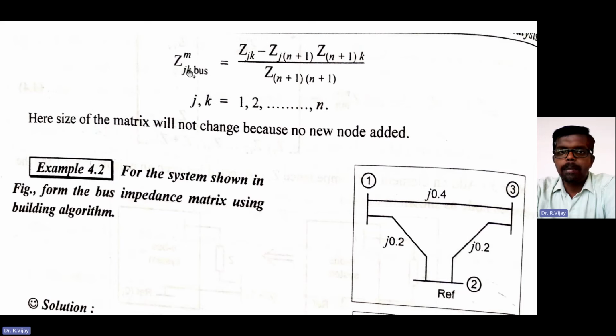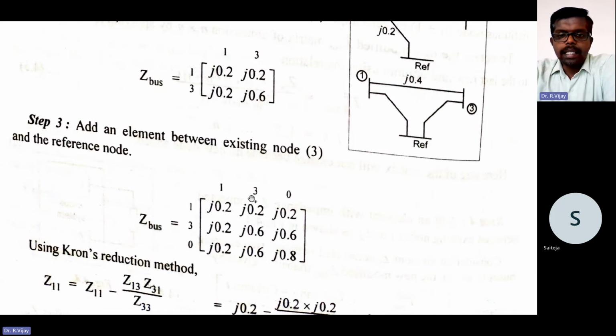Z of jk new is equal to Z of jk minus Z of j into n plus 1 into Z of n plus 1 into k divided by Z of n plus 1 into n plus 1, where j, k is equal to 1 up to n. Okay, so this is the thing to add an element between the existing nodes. So we frame the Zbus matrix.